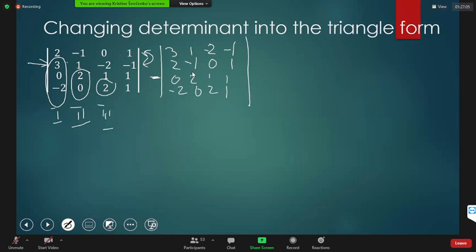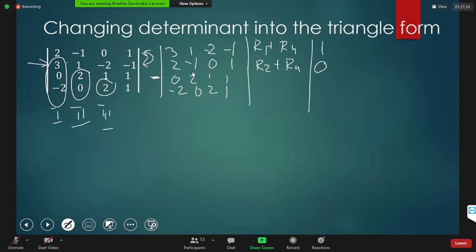And in this situation, I could say, all right, I can take row 1 plus row 4. That will make a 1 there. And I can take row 2 plus row 4. That will make a 0 there.